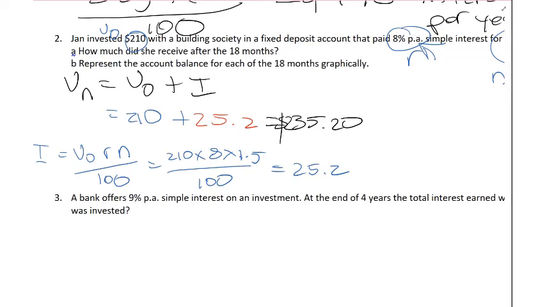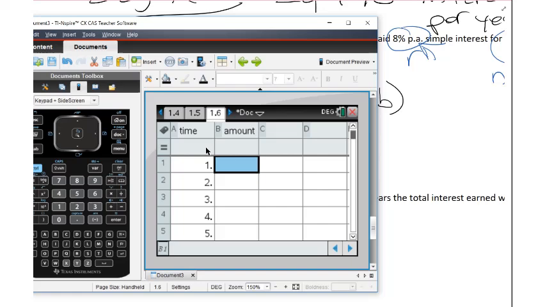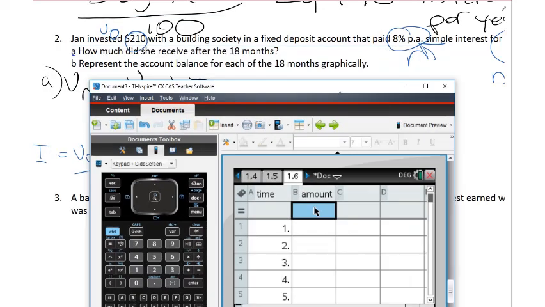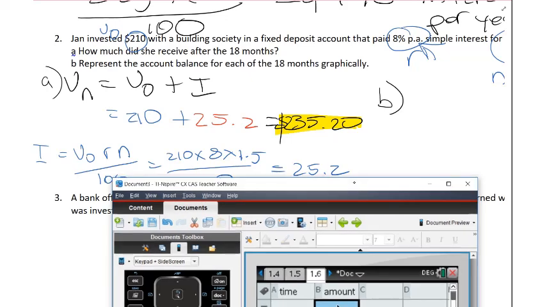All right, so that's how you calculate that one. So in this case, my answer's here. Because I'm a bit short of room here, I've moved things around a bit more than I'd normally do. That's A. B, represent the account balance for each of the 18 months graphically. Aha, calculator. I've already worked out the time. My amount, remember, I'm going to have to start with V0.